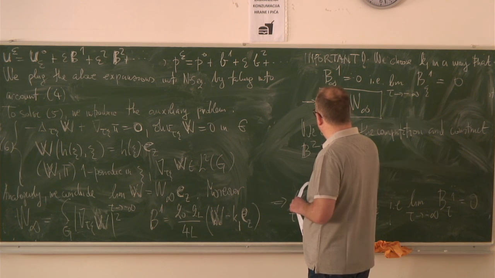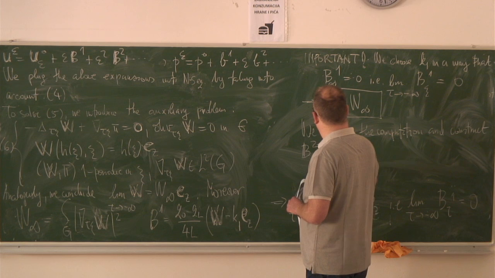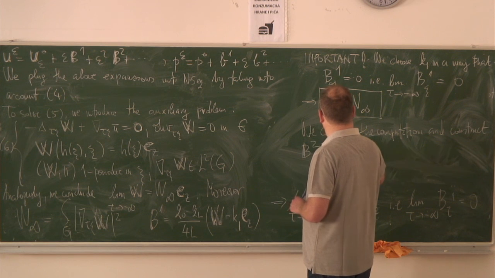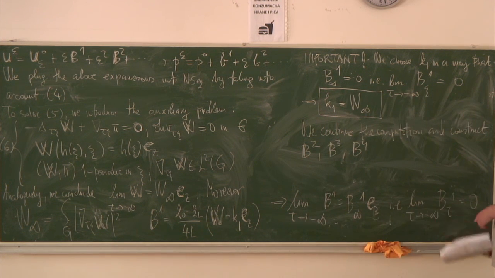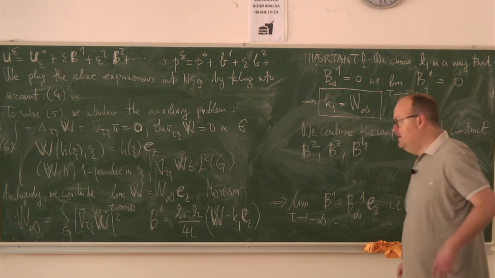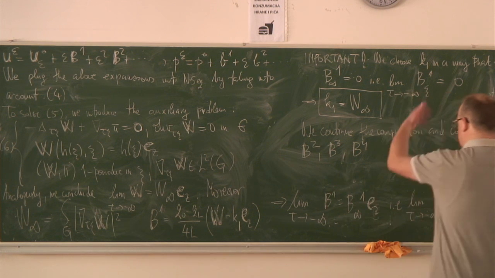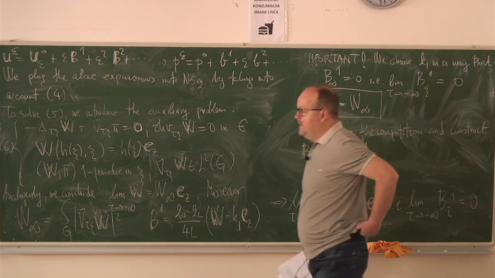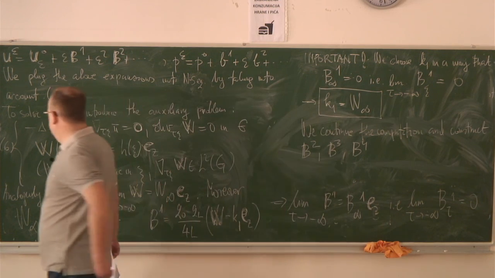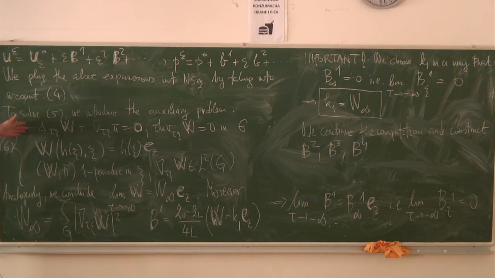Okay, B2, B3, and B4. In order to accomplish that, our main tools are those theoretical results, but of course the computation gets more and more complicated because the equations and these boundary conditions are more and more complicated.